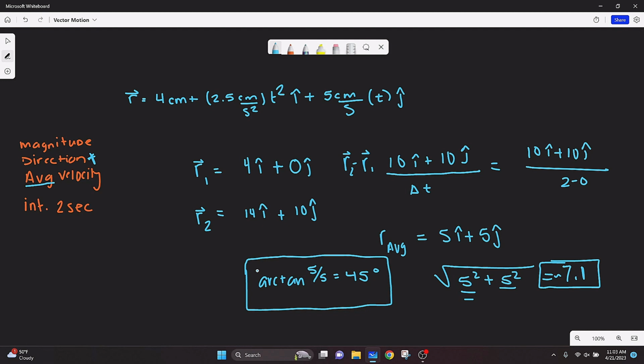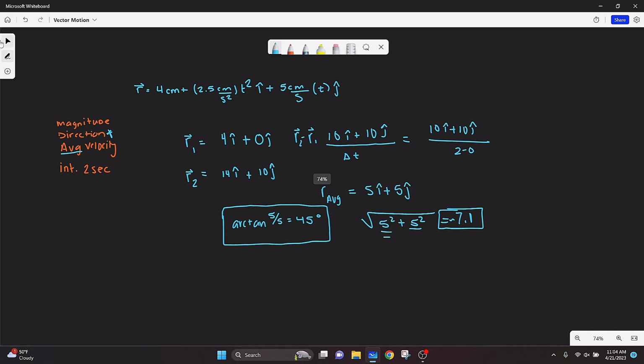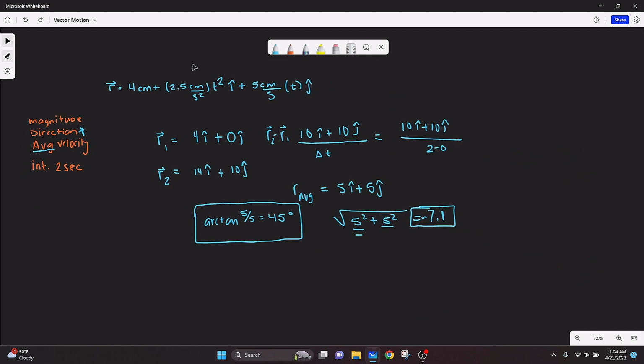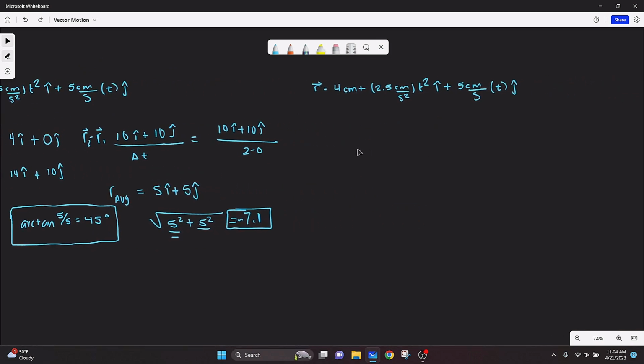Now the second part is to find the magnitude and direction of the instantaneous velocity. So now we want to find the instantaneous velocity of this. Paste it over here.